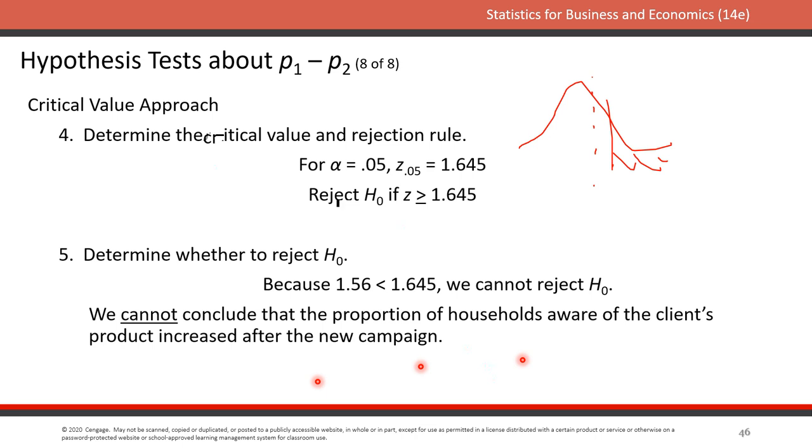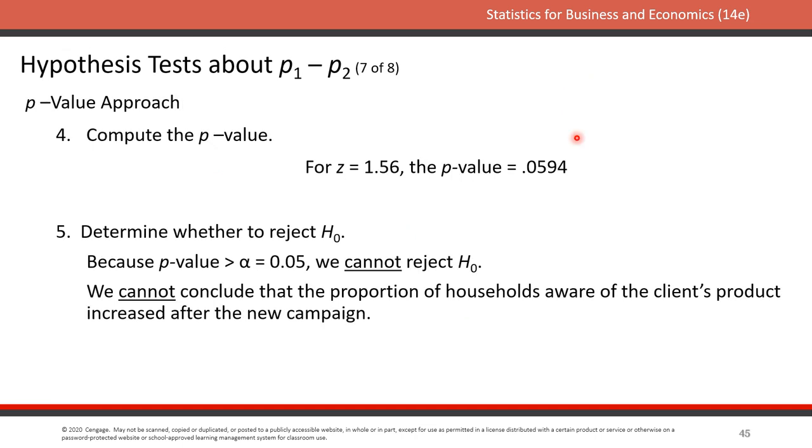Using the p-value, recall that we use a computer or table to compute the p-value. In this case, I get a p-value of 0.0594. I do not have to multiply it by 2. This is a single-tailed test. I multiply it by 2 for a double-tailed test. So the p-value stays as it is. The p-value is bigger than alpha equals 0.05, that nominal type 1 error rate.